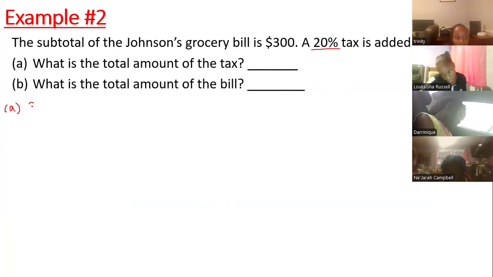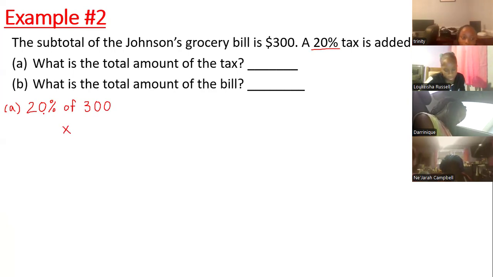So it's going to be 20% of 300. Now, what does of mean? Of means multiply. Very good.